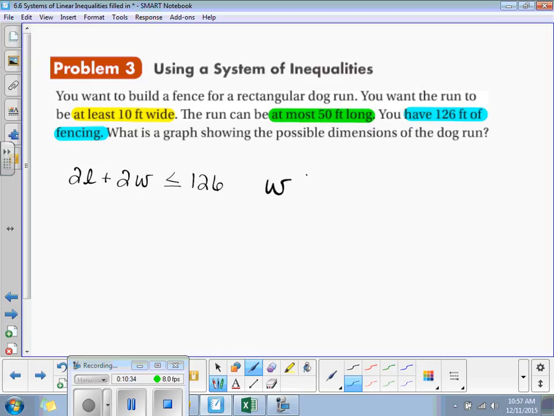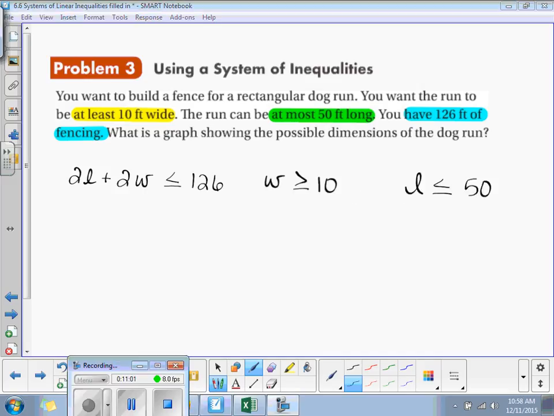It has to be greater than or equal to 10. And the run can be at most 50 feet long. So the length has to be at most 50 feet. So at most means less than or equal to, right? So the length has to be less than or equal to 50 feet.